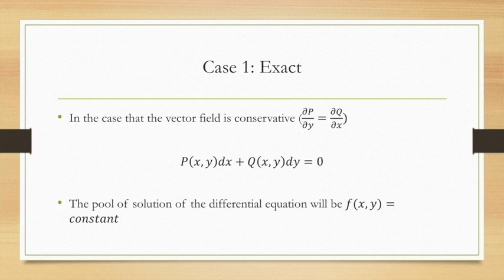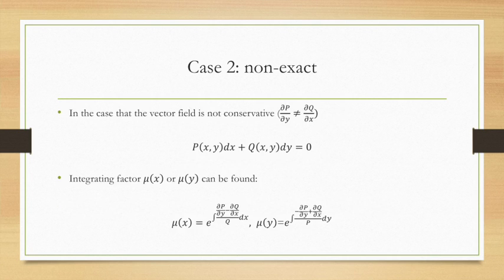Case number one is the exact form. In the case that the vector field is conservative, partial p over partial y is equal to partial q over partial x. Then the solution of the differential equation will be f of x,y is equal to some constant.